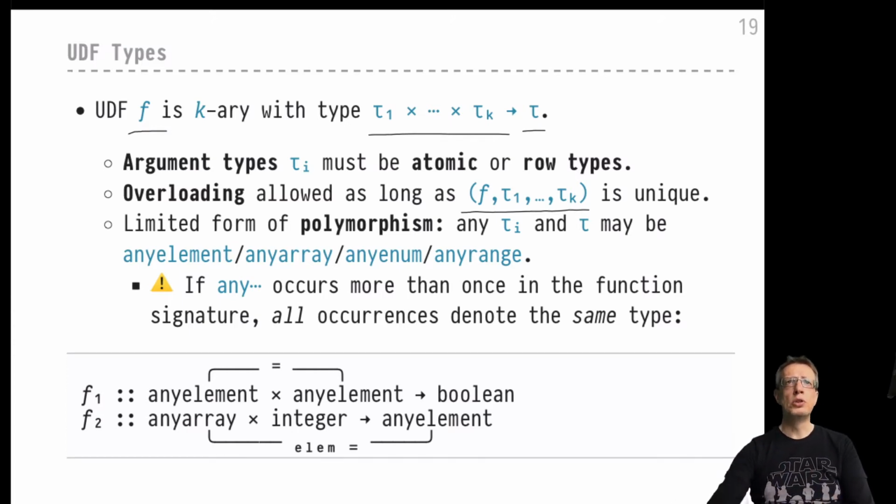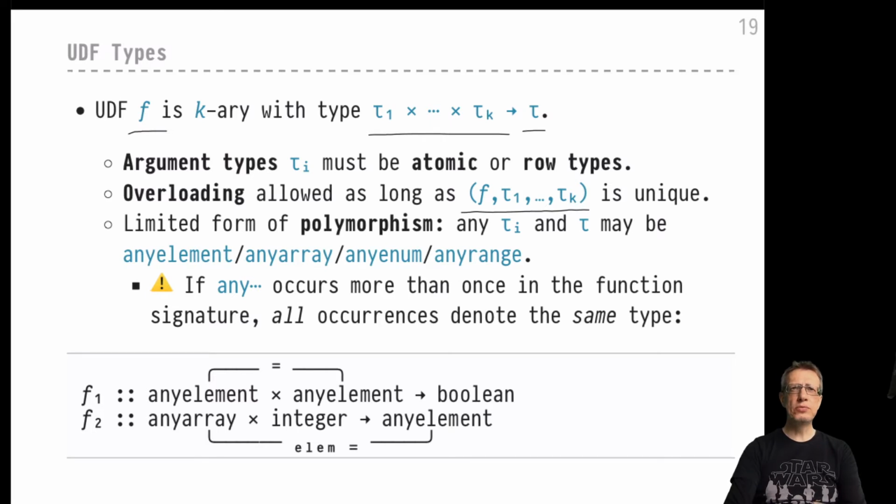So you could have a function f that takes an int and a Boolean parameter, and a function f of the same name that takes two float parameters, for example. The combination of the function name f and the argument types would be unique, and such overloading would be allowed.